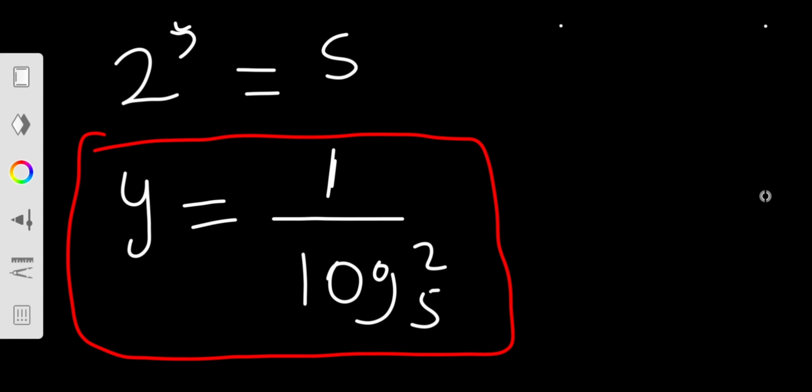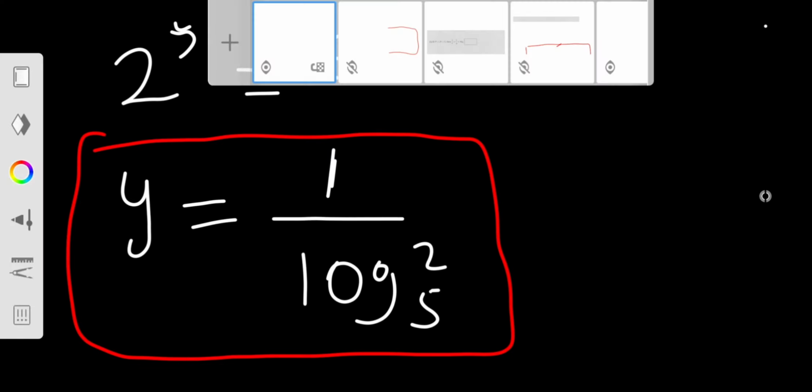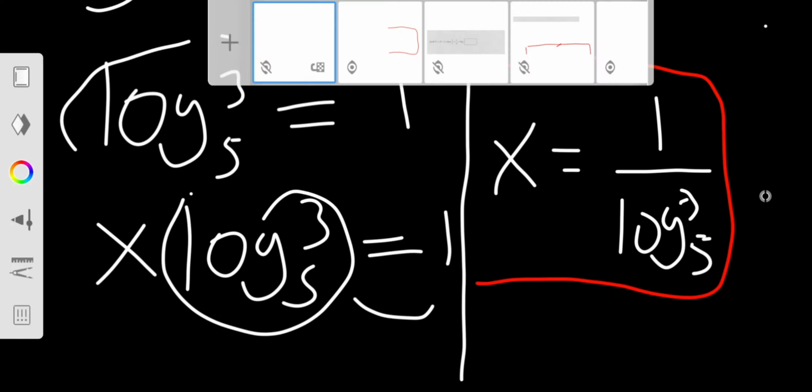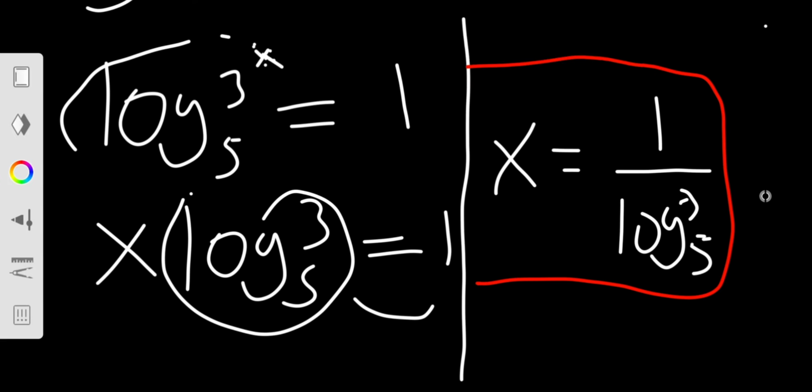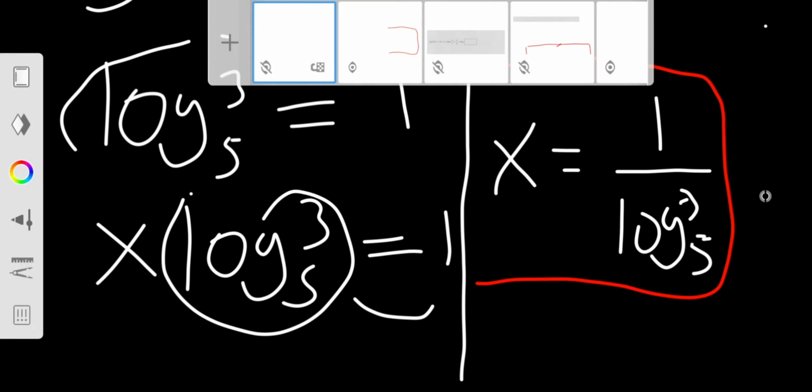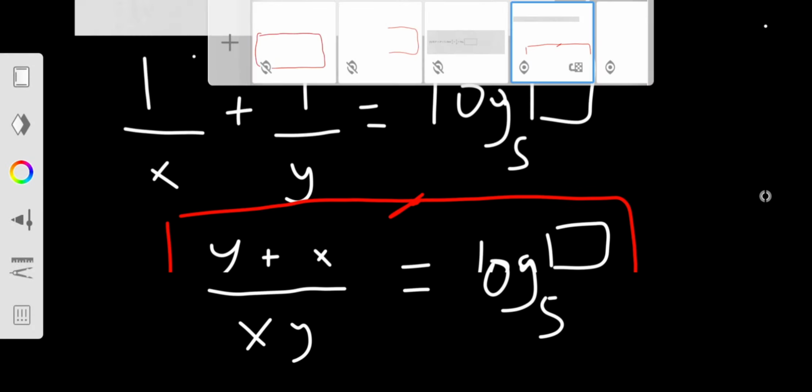So now I'm going to use this one, epsilon is equal to this, and the other one that we found, x is equal to this, with a 3 over here, okay? Where am I going to use them? In this one over here. Why? Because I found x in terms of log of 5 and epsilon in terms of log of 5.